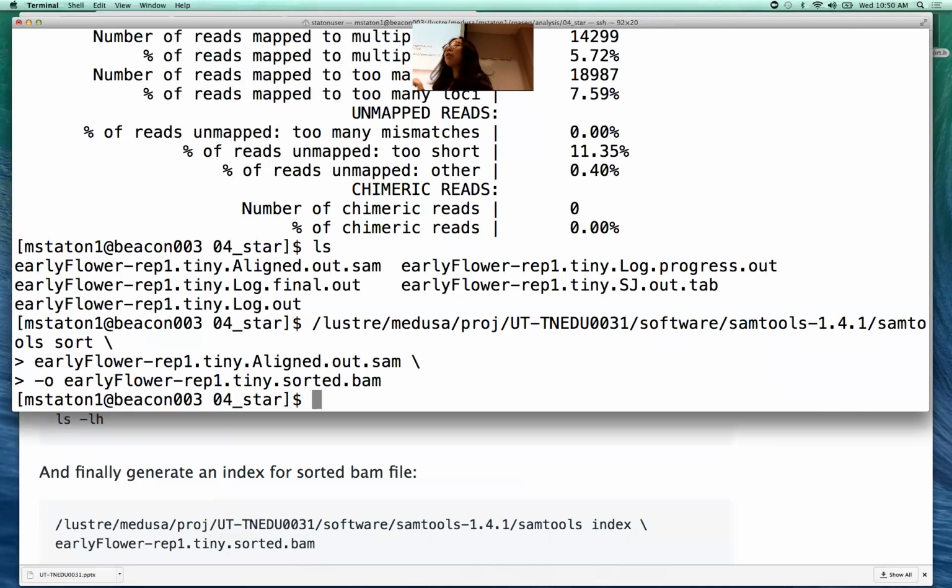Because in our SAM file, it saves our alignments randomly. In our sorted BAM, it will sort based on the genome, so the alignments will show from the genome beginning to the end.